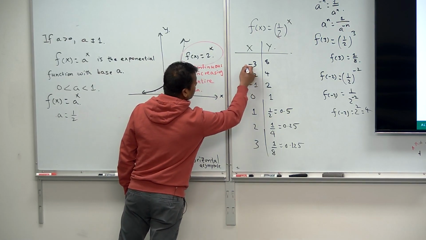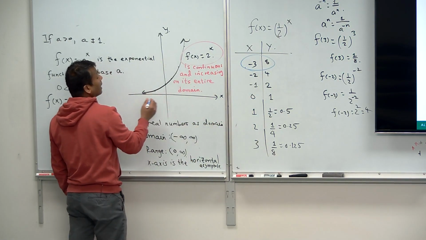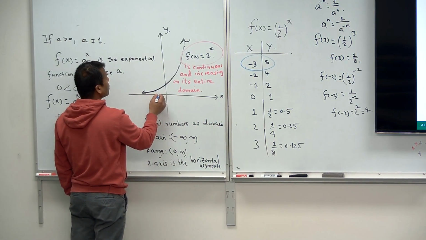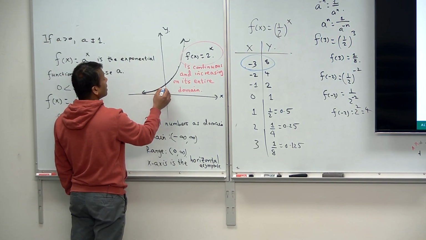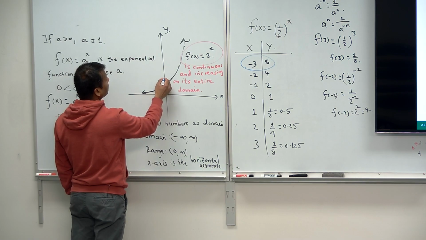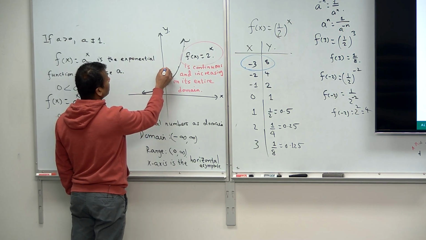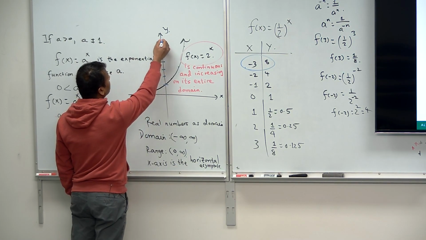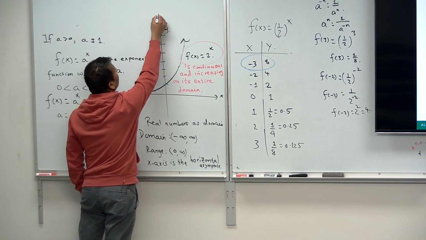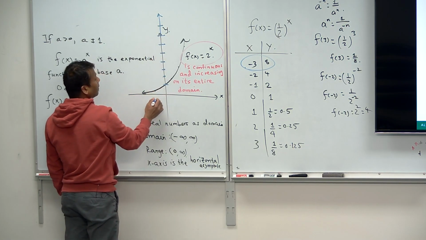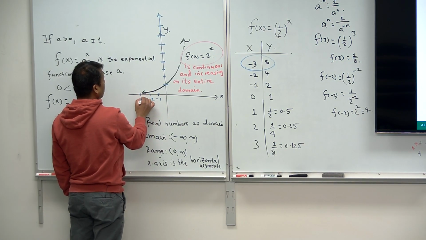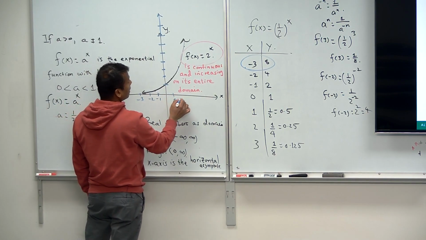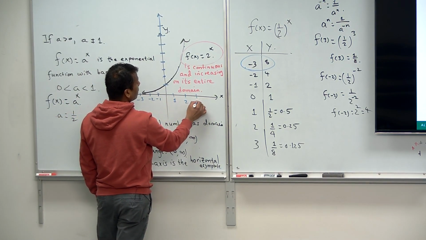So now if you plot these points, -3, 8. Let me mark the axes: 1, 2, 3, 4, 5, 6, 7, 8, and -1, -2, -3, +1, +2, +3.